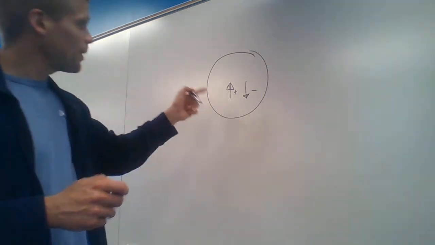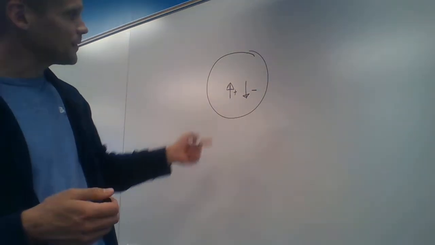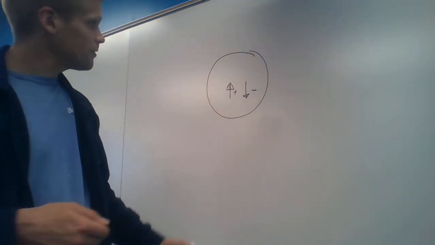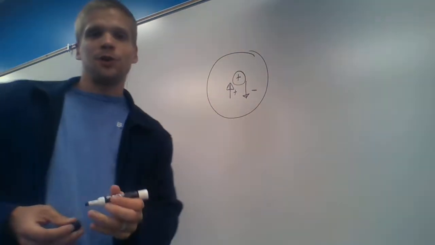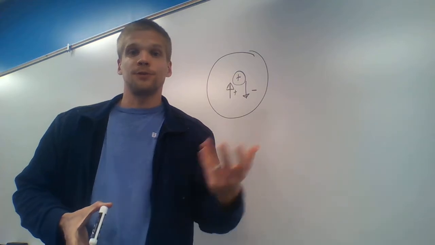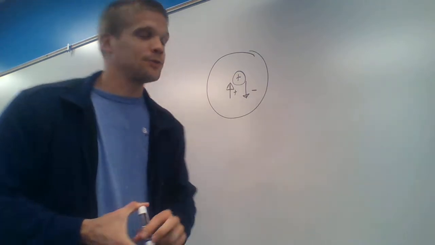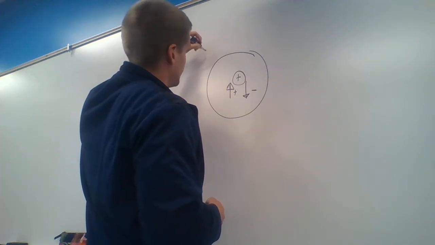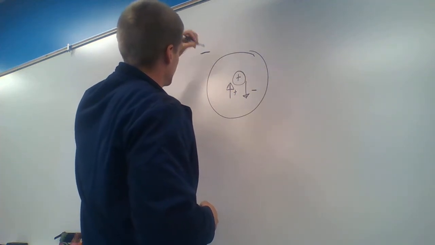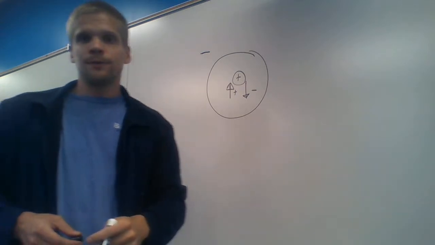Okay, so if there's more positively charged molecules and ions on the inside than there is negative, this particular cell is going to have a net positive charge. The inside is going to be somewhat of a positive charge. Well, that would mean that on the outside of the cell, in the extracellular fluid, there's going to be somewhat of a negative charge.